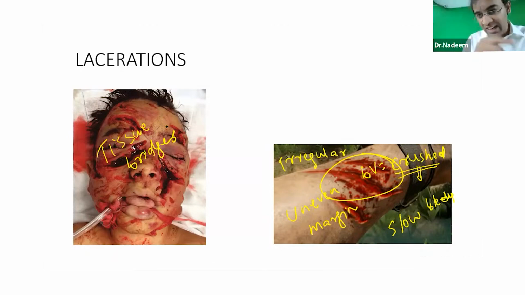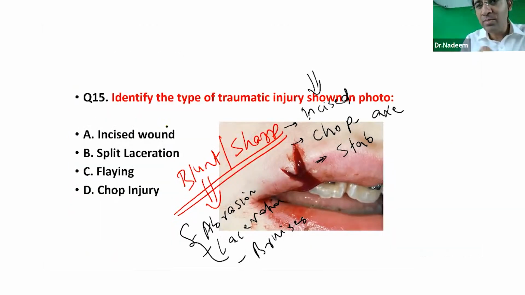Now you see this photo. See here, do you see very fast bleeding? Do you see profuse bleeding here? No, sluggish blood flow, first of all. And after that, see the margin here, somewhat even. See, this looks like incision, but not completely incision. Okay, so this is called an incised looking laceration.